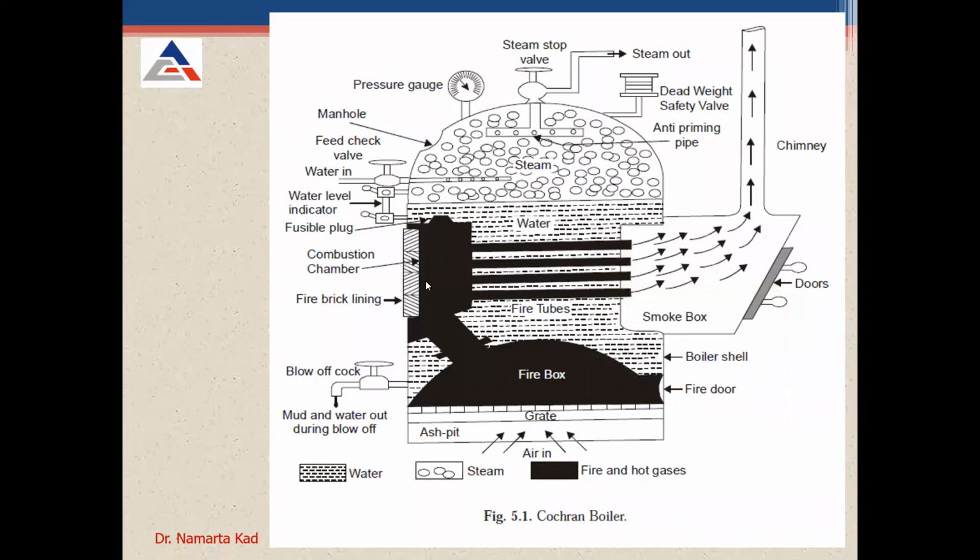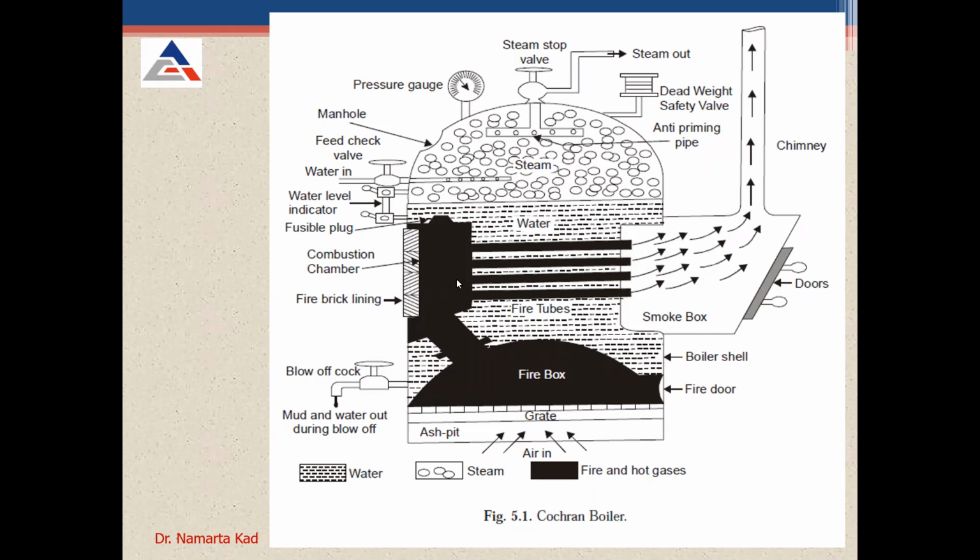Like we see in a normal basic tandoor, there is a lining of mud, a clay coating, so that the heat produced inside is not wasted outside. The heat should be in that particular cylinder. So there is a fire brick lining in the whole cylinder area of the boiler.